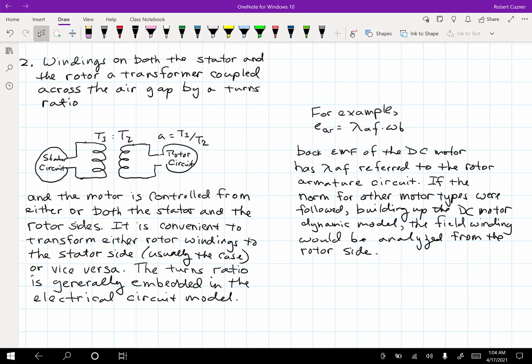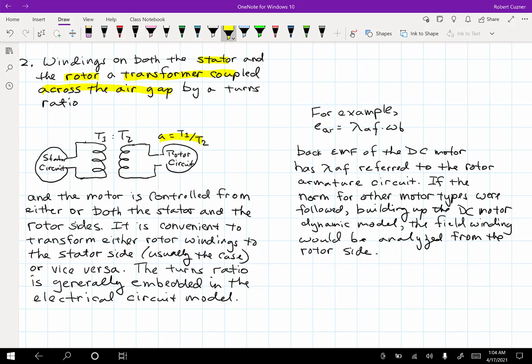The second first principle is if there are windings on both the stator and the rotor, they will be transformer coupled across an air gap, and there will be an associated turns ratio.